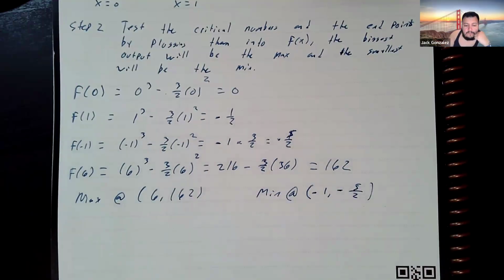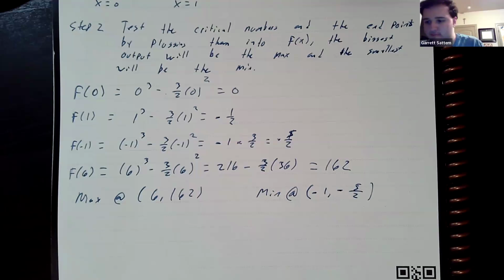Yeah. So because it's closed, we can do it this way. Any questions on number 9? No. So you only do this when it's closed. If it's open, then all you have is the critical numbers to work with, and you have to do other stuff.